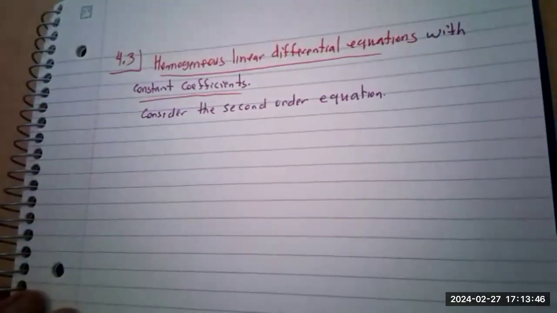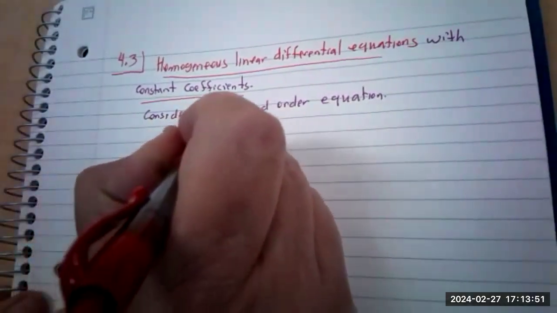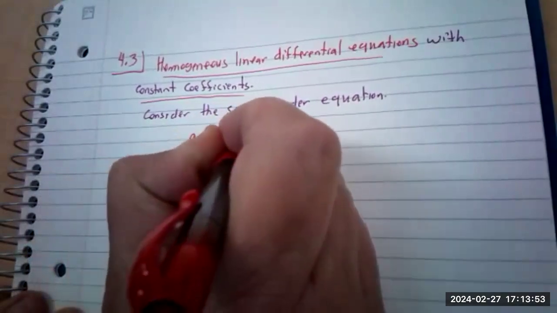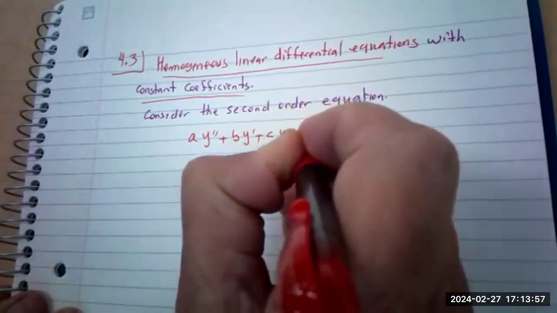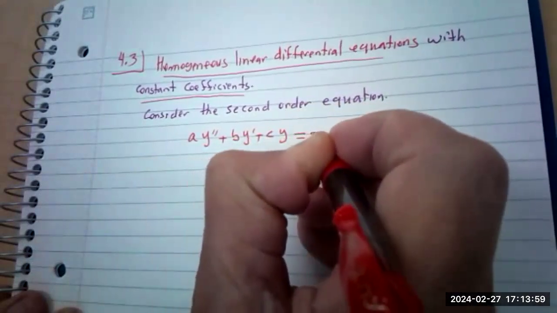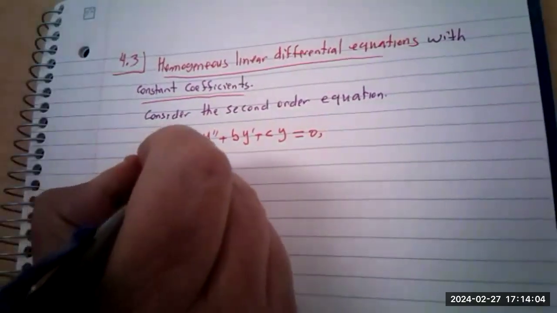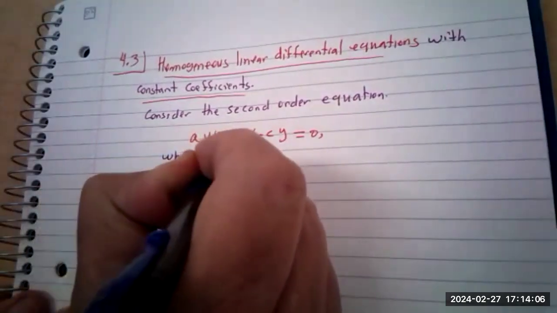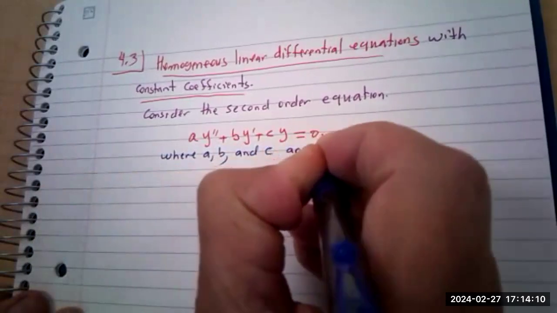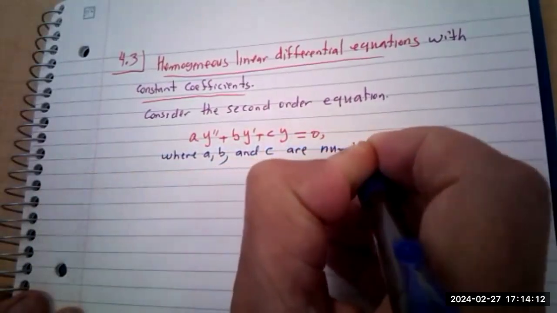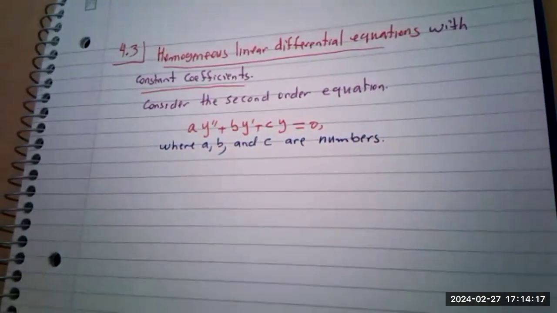There is no p(x), q(x), nothing. It's going to be numbers. a y double prime plus b y prime plus c y equals this, where a, b, and c are numbers. So this is a differential equation with a constant coefficient.